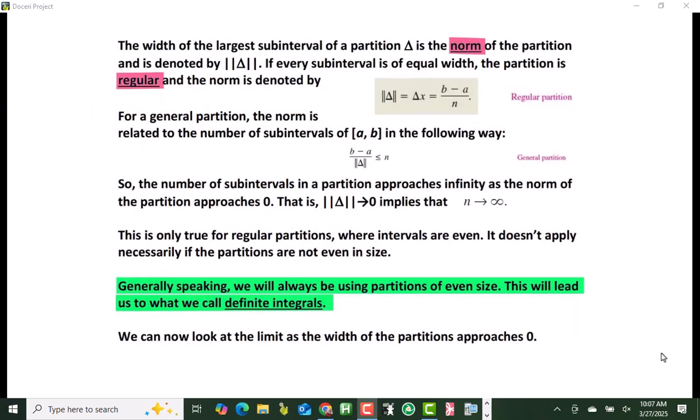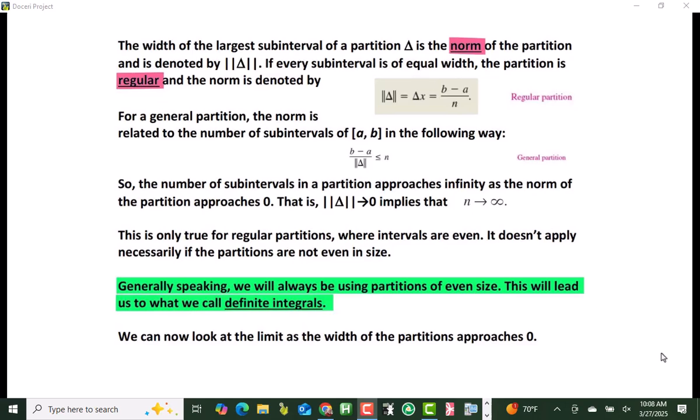So next page of the notes, they're saying the norm is the width of the largest subinterval. Well, I wouldn't worry about that a whole lot because we're going to be using subintervals that are all the same width for the most part.